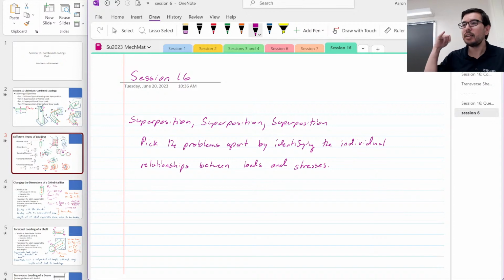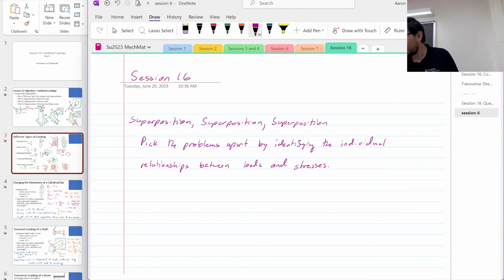If not, go for it. All right. And I'm here. This one, I hope you have some questions because there may be some details. The problems might be not quite as clear because now we've got combined loadings and we're making some assumptions. So as you're going through the material, I hope that you'll have some questions. All right, thank you.